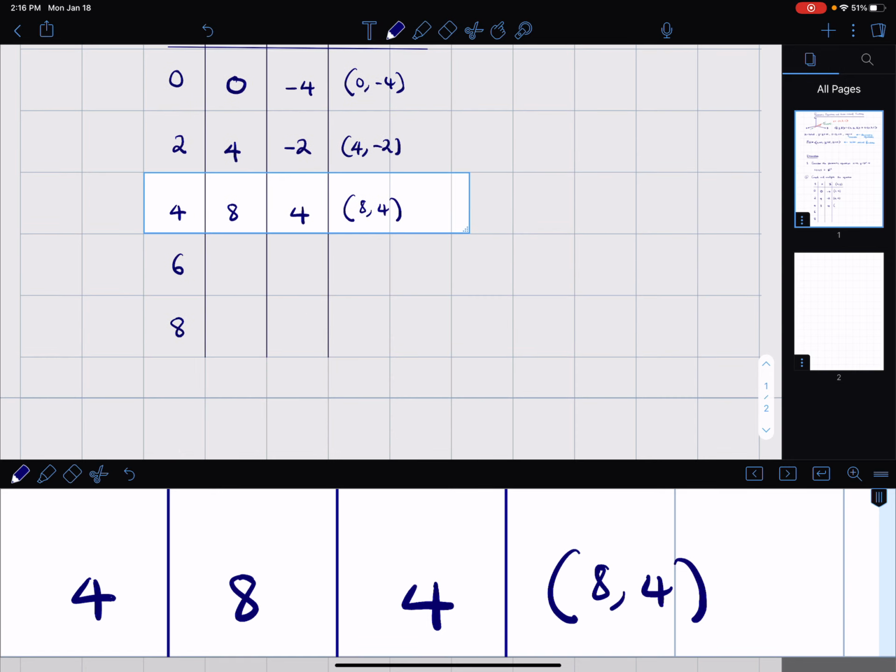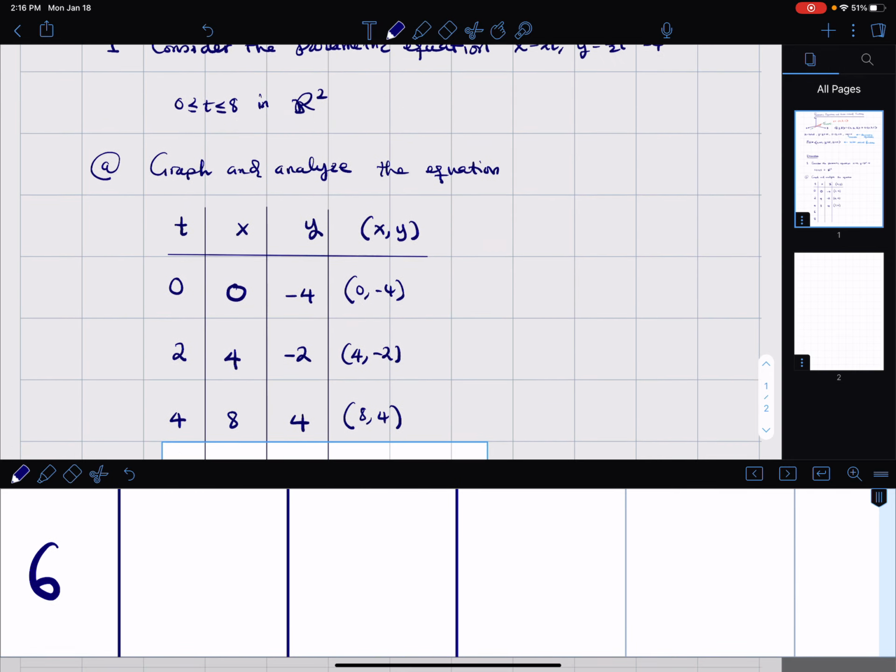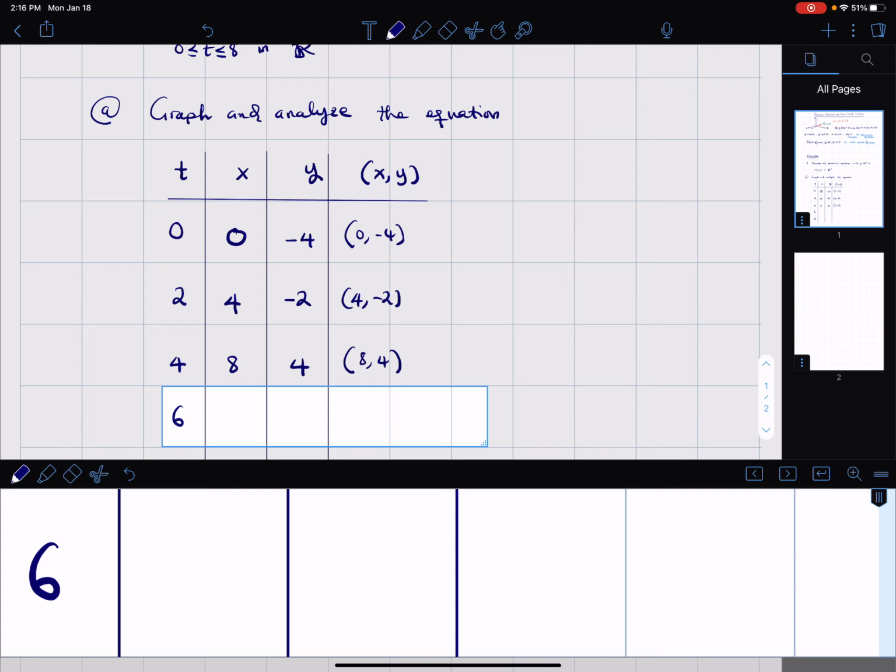All right, how about 6? When t is 6, x is 12, 2t.